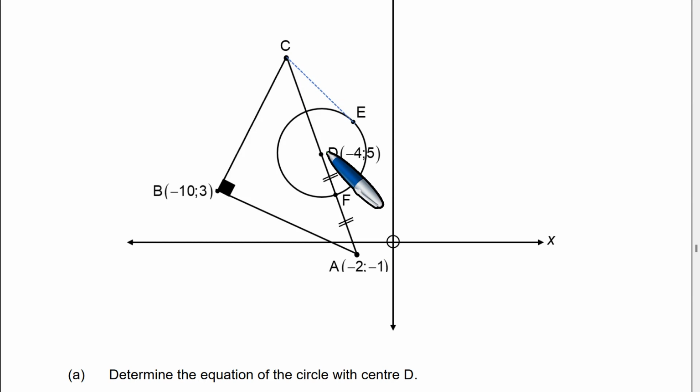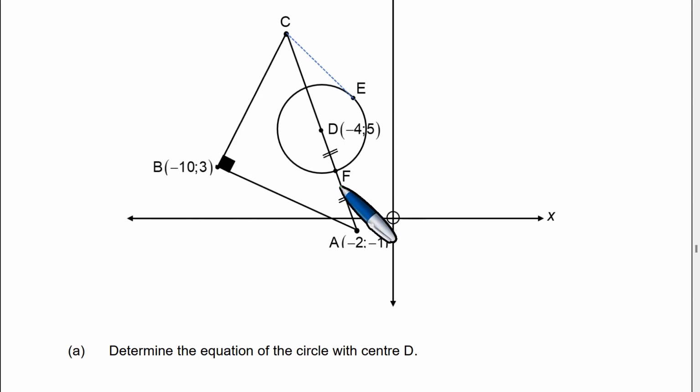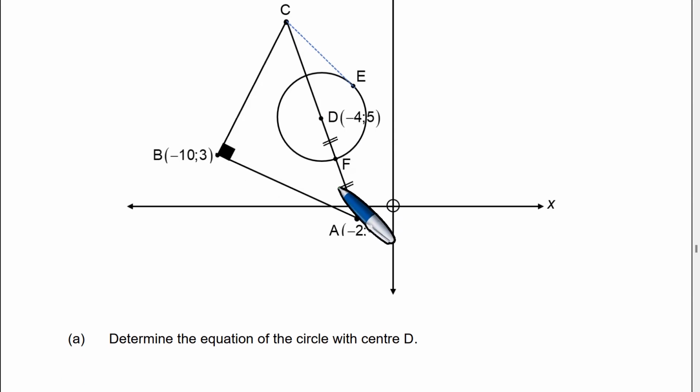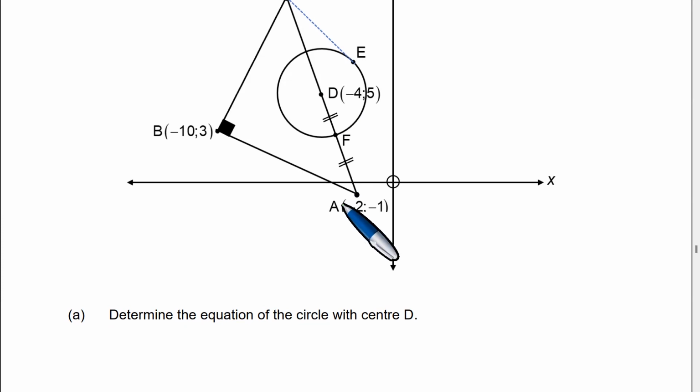At this point, you can find the answer. The center is D with coordinates (-4, 5).